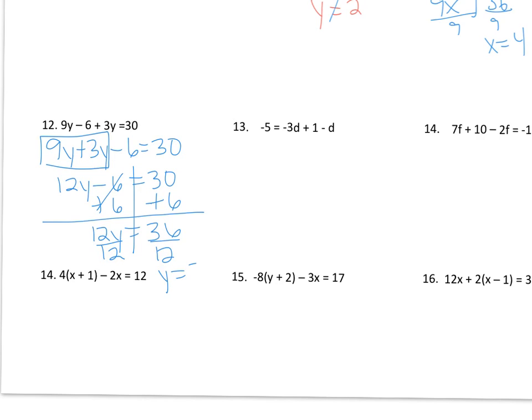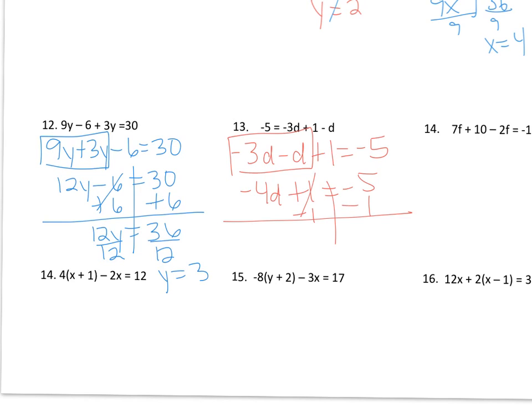So y equals 3. If you want to flip-flop your problem again, you can. Negative 3d minus d plus 1 using the commutative property. Negative 3 minus 1 is negative 4d plus 1 equals negative 5, minus 1 on both sides. So negative 5 minus 1 is negative 6, and divide by negative 4. So d is equal to either, you could write positive 3/2 or 1 1/2.